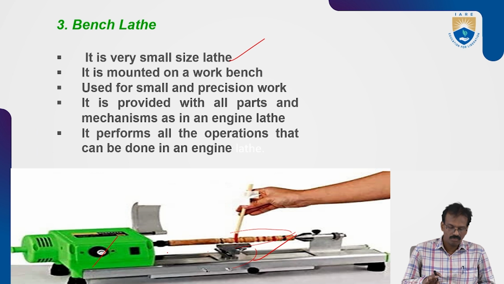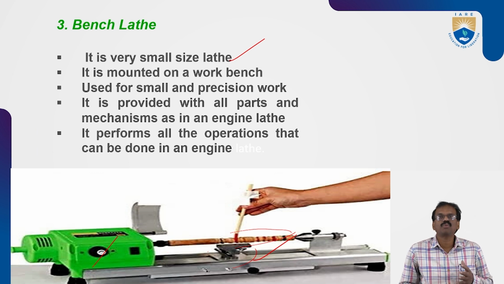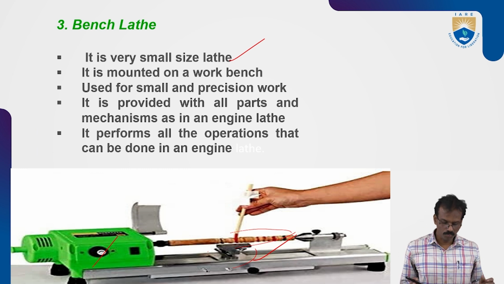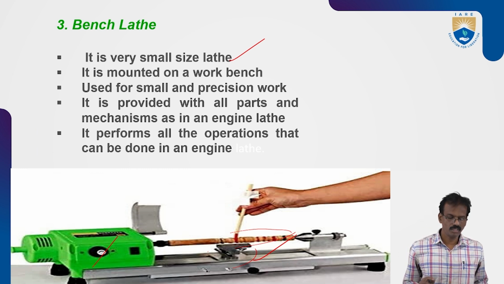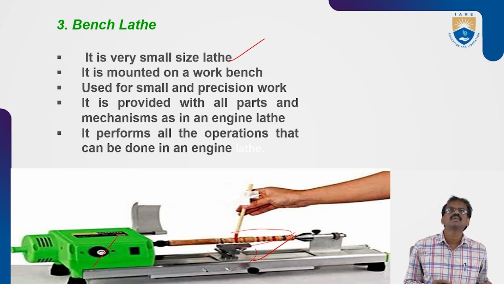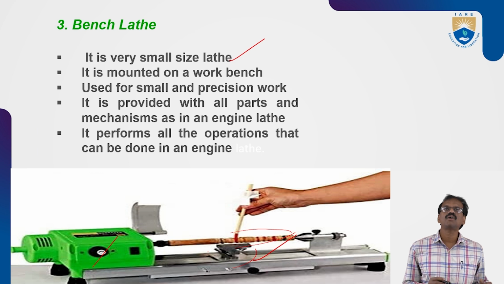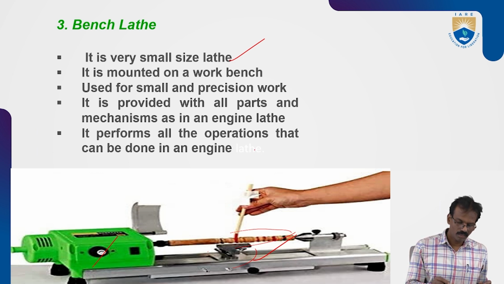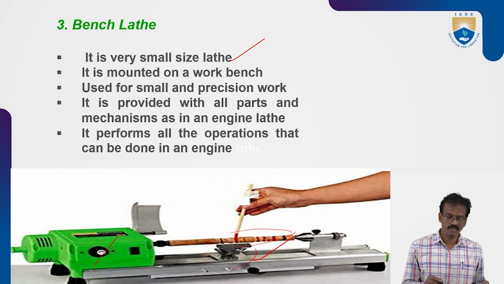On the carriage are the saddle, cross slide, compound rest, and the tool post. We can see all the parts which are in the engine lathe will be here also. So it performs all operations that can be done in the engine lathe also.